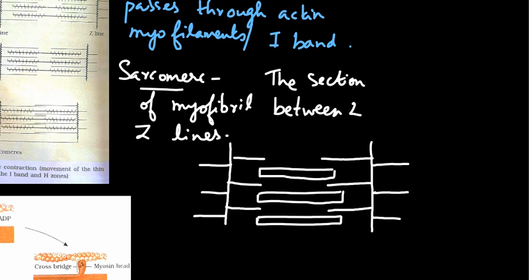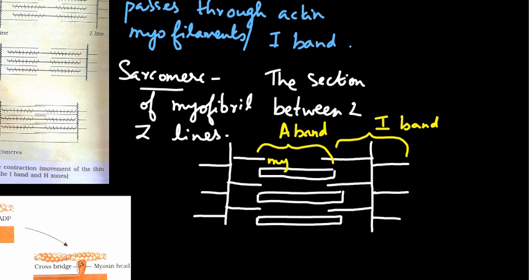So this much part is called the A band. The part where actin filaments are there is called the I band. So A band means the myosin proteins, I band means the actin proteins, and these actin filaments are attached to the elastic fiber called the Z line. Always one edge of the actin filaments overlaps one of the edges of myosin filaments.